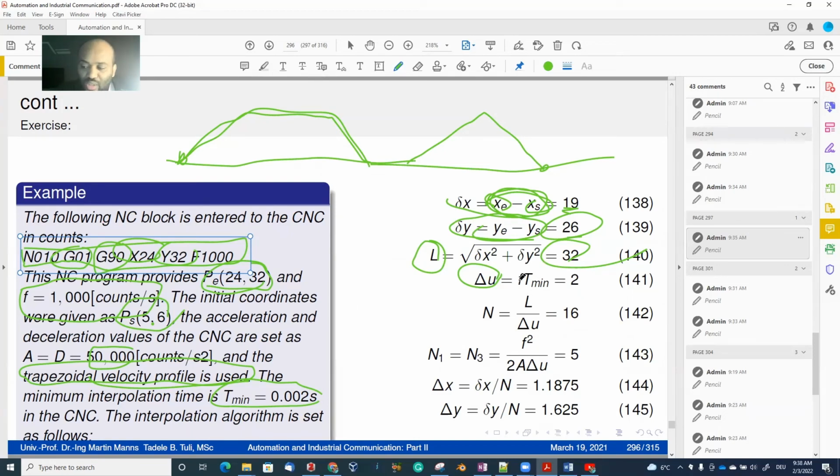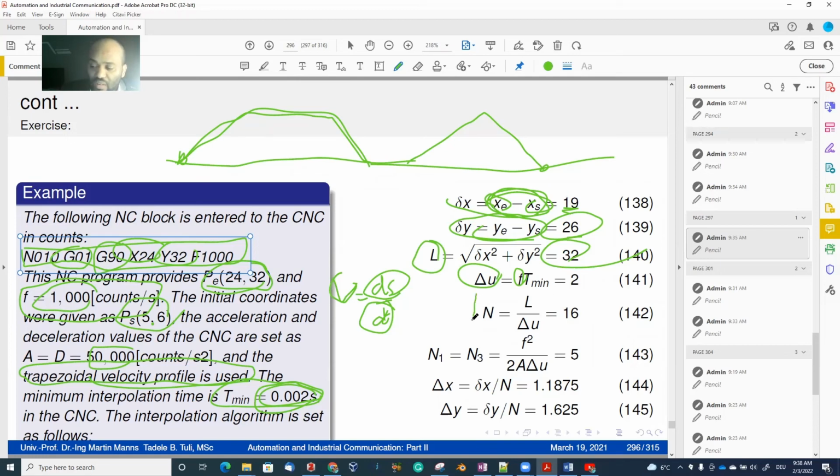F is a velocity, and velocity, as I said earlier, is ds over dt. Velocity is 1000 counts per second, and time is 2 milliseconds. So delta u is 1000 times 2 milliseconds, which is 2 counts, it is 2 units.